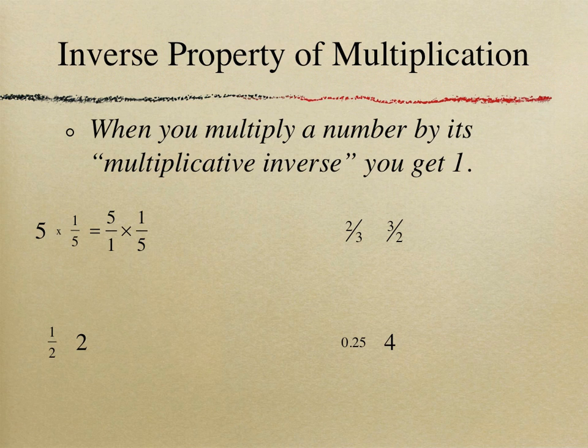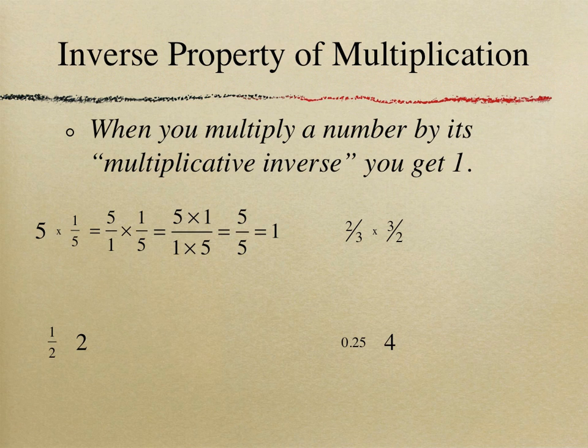To multiply fractions, I have to multiply the numerators together and multiply the denominators together. And so I have to write 5 as 5 over 1. So 5 over 1 times 1 over 5. On the top, I get 5 times 1. On the bottom, I get 1 times 5. So when I do that multiplication, 5 times 1 is 5, 1 times 5 is 5, I get 5 over 5. Well, that's just 1. So notice that I took a number, 5, I multiplied it by its multiplicative inverse, its reciprocal, and my answer was 1.